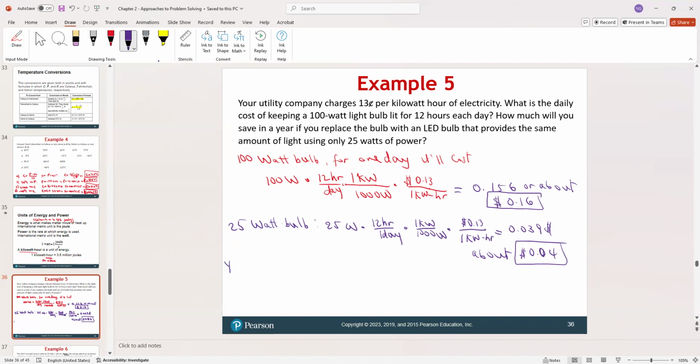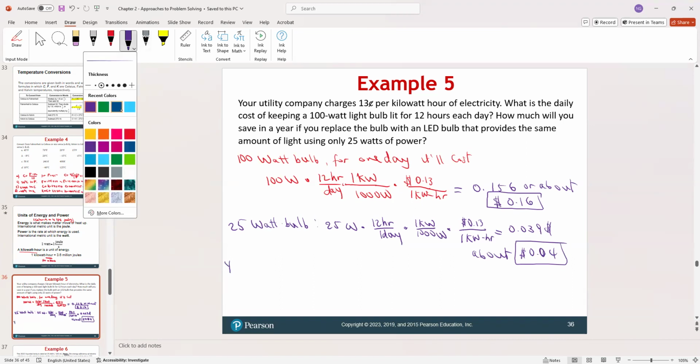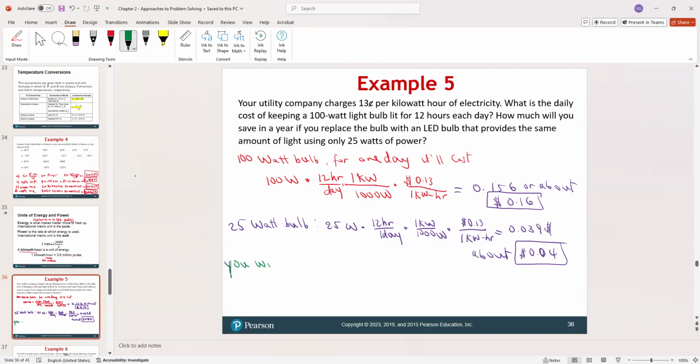You will save what? Let me change the color so you'll see where we go. The question is about the saving. You will save for one day, right? You would save like 0.156 minus 0.04. No, let's use 0.39 because I used the original number.